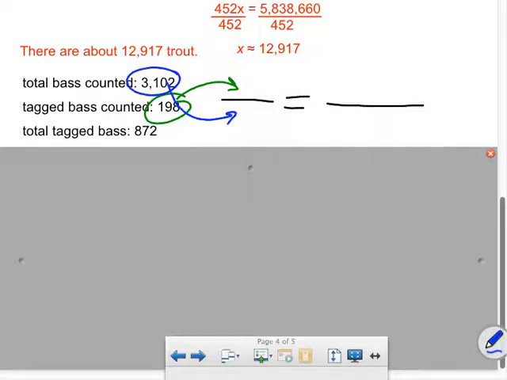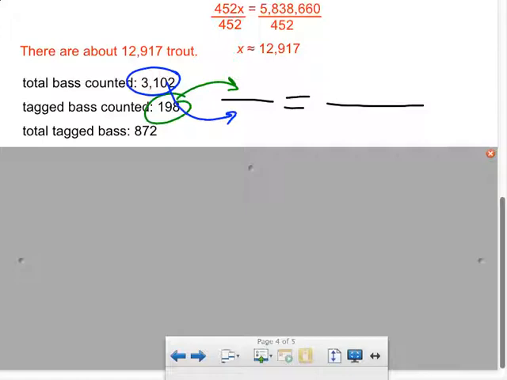Okay, over here on the ratio on the right-hand side of the equation, or proportion, what's going over there? Who can tell me what's up with that ratio on the right-hand side of the proportion? Nicole, what's going to be on this ratio? So tell me, explain to me, what's the numerator, what's the denominator?